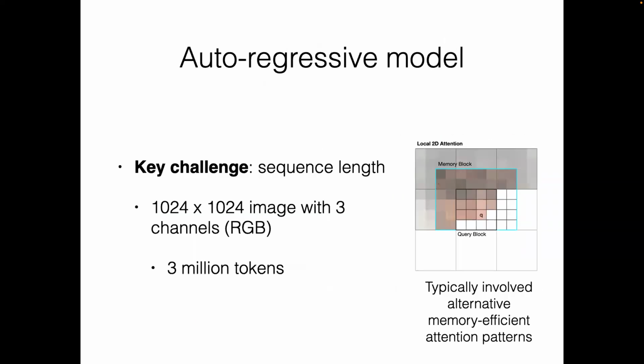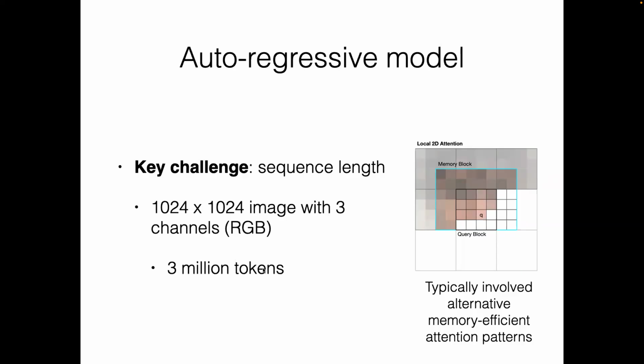But when you think about this, a really key challenge becomes the sequence length. Let's say that we want to generate a 1,000 by 1,000 image with 3 different channels. Then you have 3 million tokens, which is pretty long for just one image. Imagine you had an agent with multiple images in its history. Then you could have 10 or 100 million tokens pretty quickly.